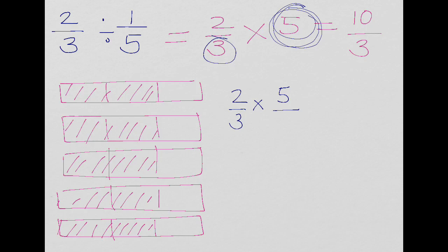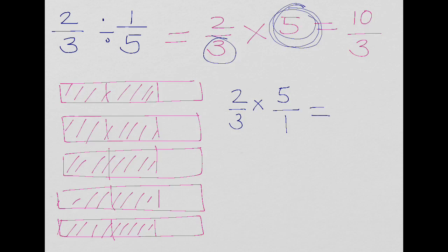If I had a whole bar, how many bits is it divided into? Well, it's a whole. It's one piece. So there's my denominator. We don't write denominators for integer values or whole numbers because there's no need. But actually, if you need to write that denominator in, it's 1.